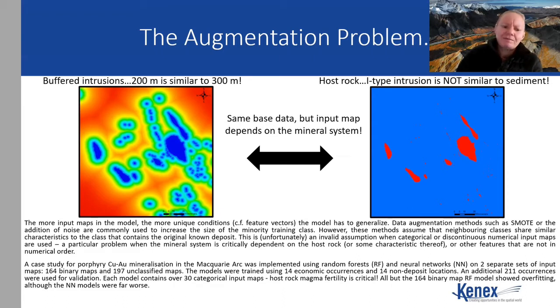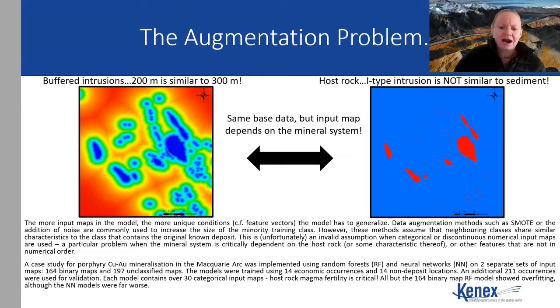So one set of input maps there were 197 maps, and they hadn't had any favorability criteria applied in terms of buffer thresholds or density cutoffs or anything like that. And the second set of input maps was 164 binary input maps, where these favorability thresholds had been determined using some weights of evidence statistics.